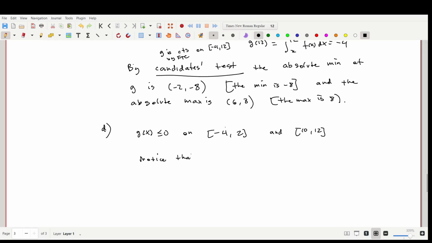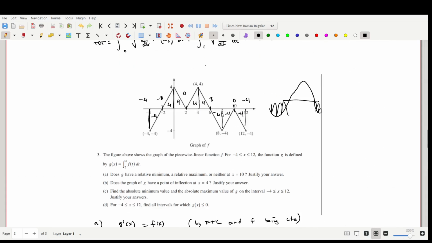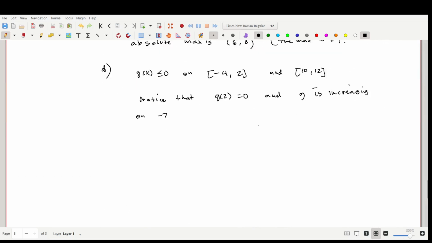Notice that g of 2 is 0, and g is increasing on -2 to 2.